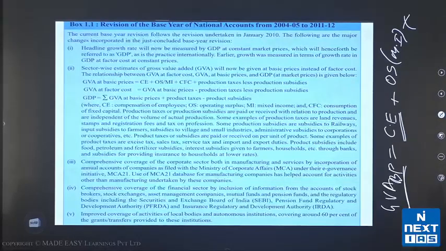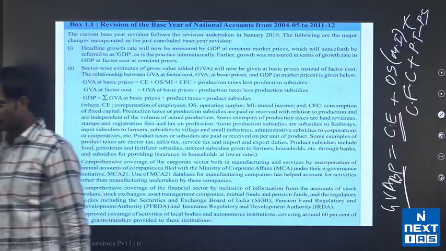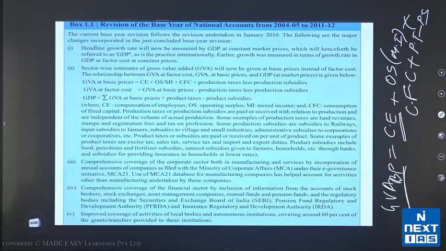CE, compensation of employees, plus operating surplus in bracket mixed income, plus consumption of fixed capital. Consumption of fixed capital is the depreciation cost. Plus production taxes minus production subsidies.